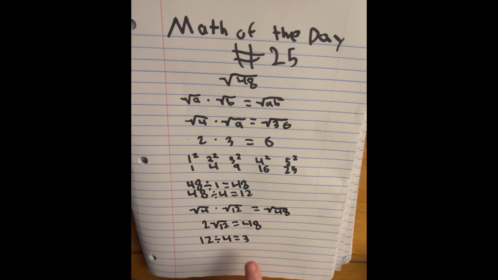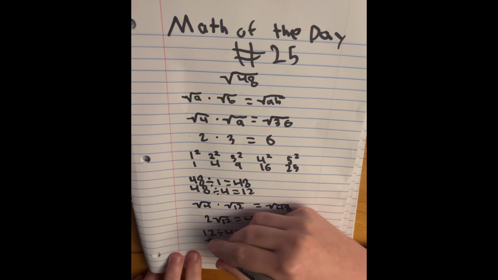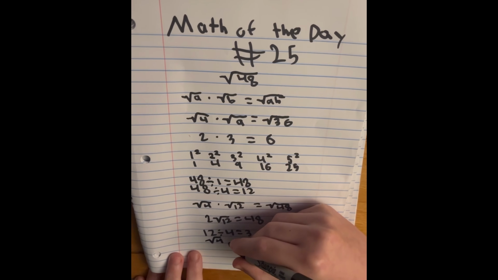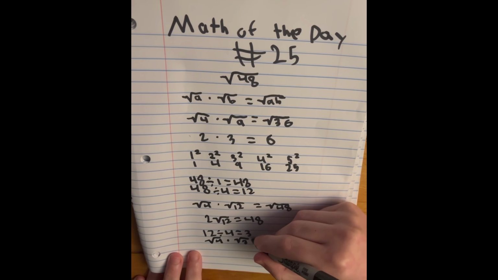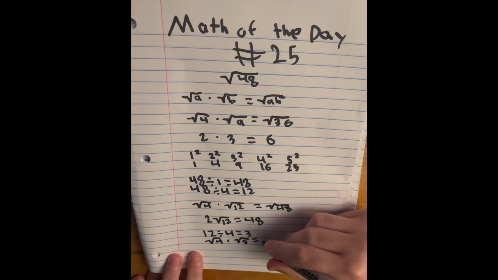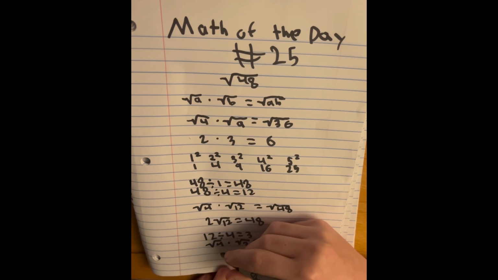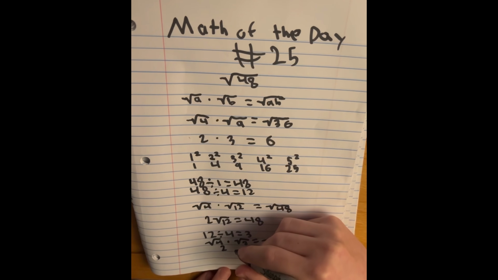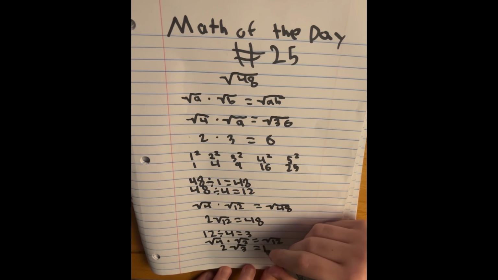And then if we plug in 4 and 3 for a and b, that gives us the square root of 4 times the square root of 3. 4 times 3 is 12, so we get the square root of 12. Simplify this again: 2 times the square root of 3 equals the square root of 12.